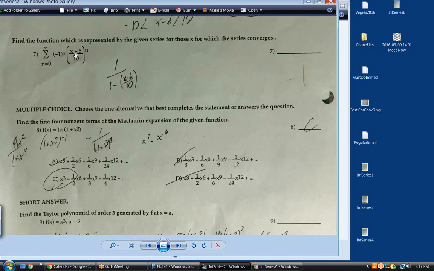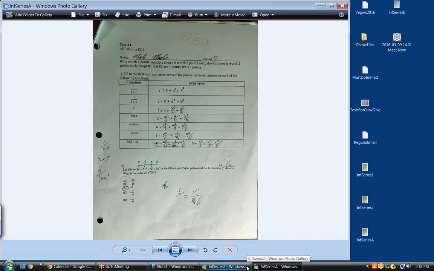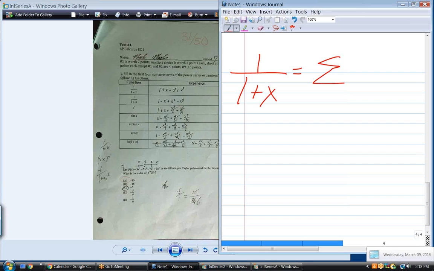Let me see if I can explain this. If I said to you that this function leaves you with the alternating series 1 minus x plus x squared minus x cubed and so on.